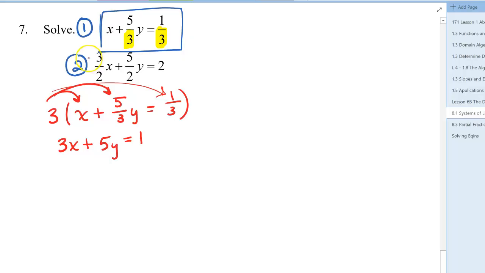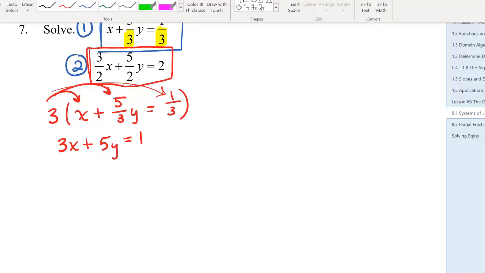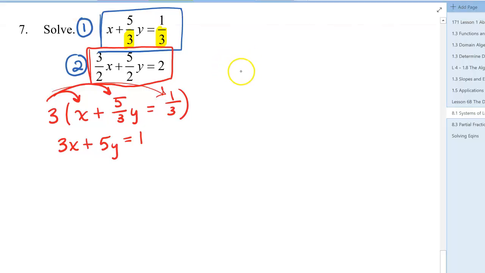Now, if I look at equation 2, what do you think I would multiply equation 2 by to get rid of the fractions? That's right. I'm going to take equation 2 and multiply it by 2. So I'm going to have 2 times 3/2 x plus 5/2 y equals 2.